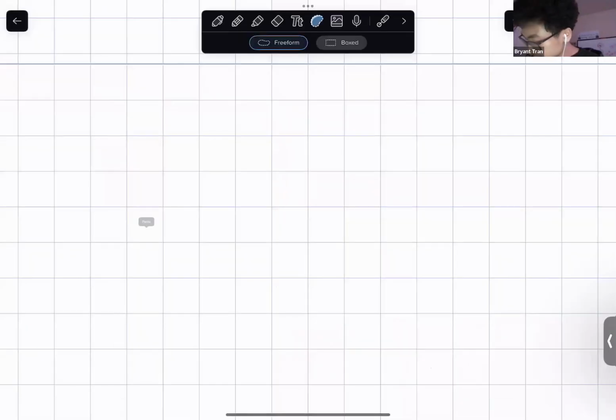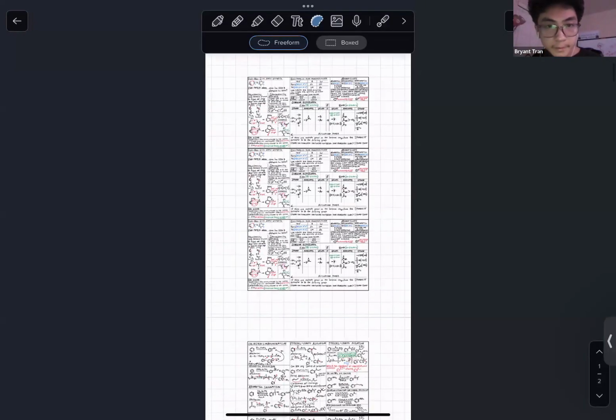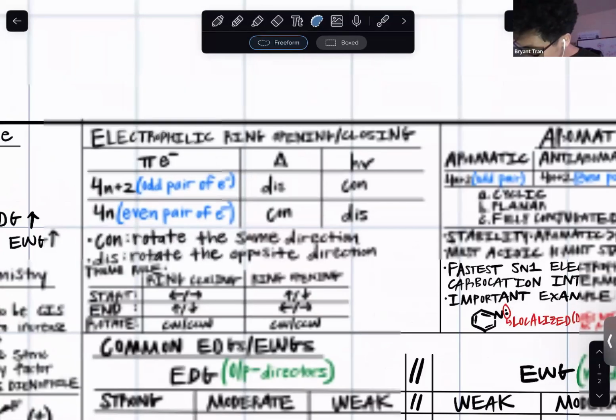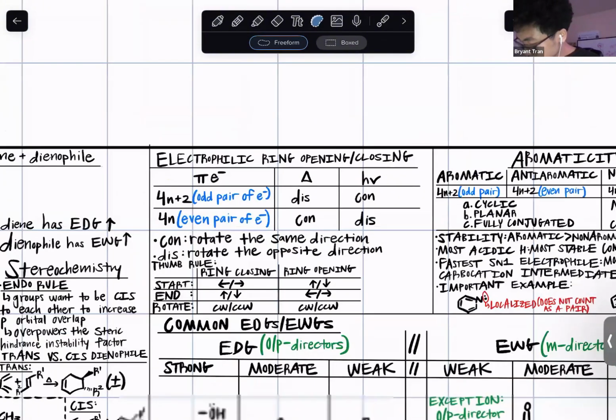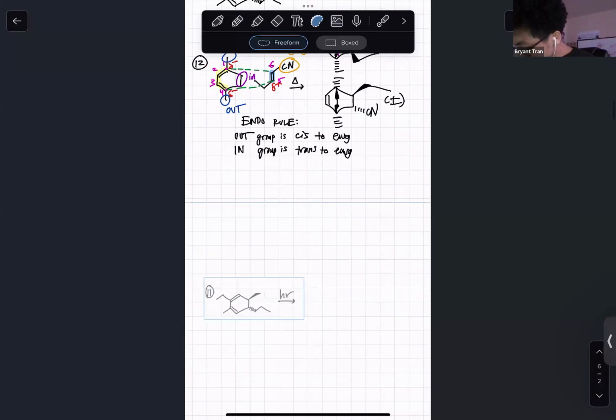And I'm going to copy that chart over from the note card that I shared with you guys right here. Like this is electrocyclic ring opening, ring closing. And the procedure is going to be different if we are ring opening versus ring closing.